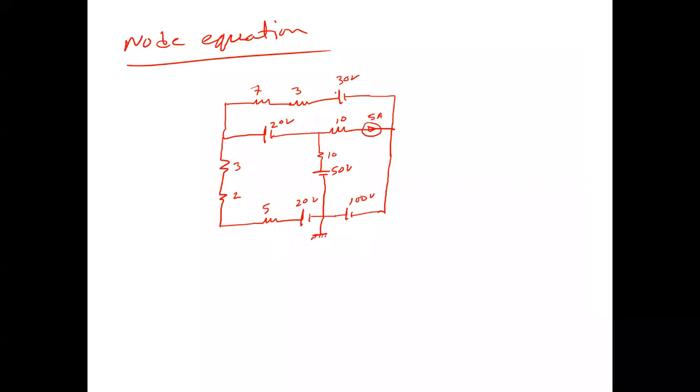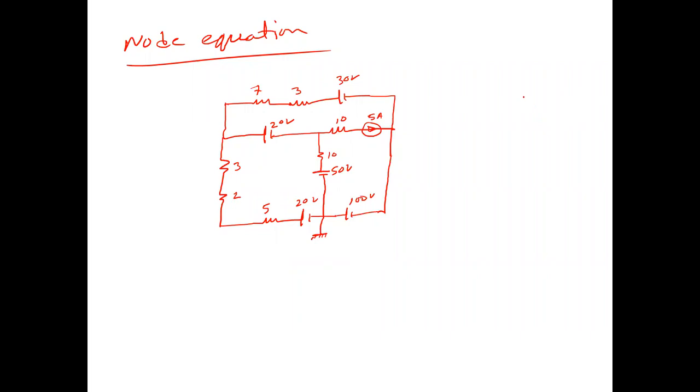But the nodal equation is different. If a voltage and a current source are parallel, then we use the equivalent, the source conversion formula.